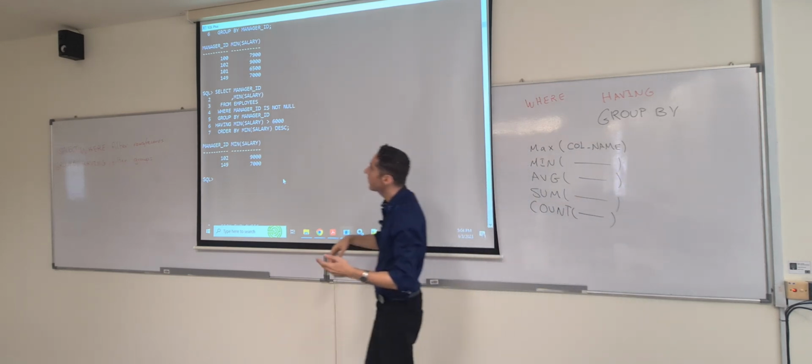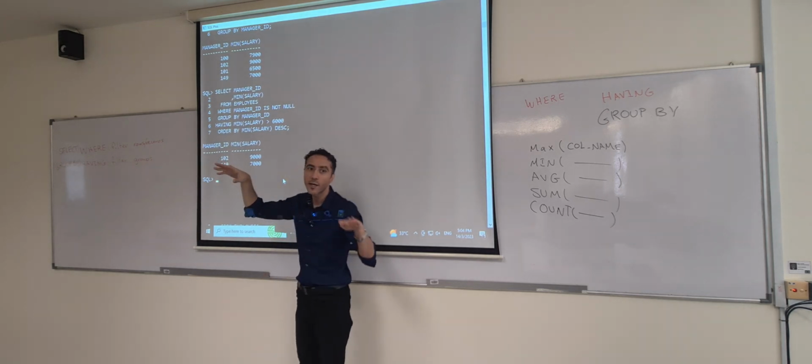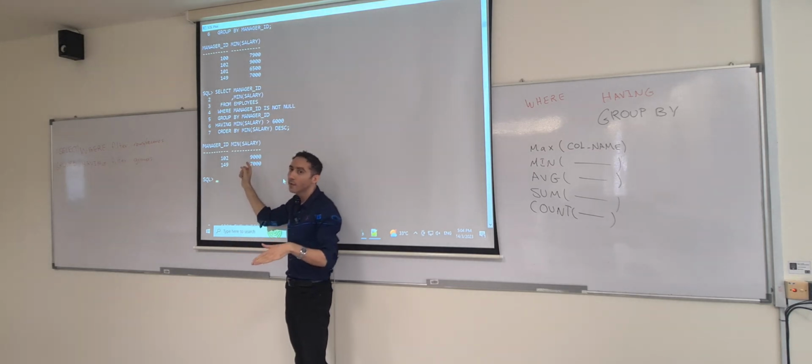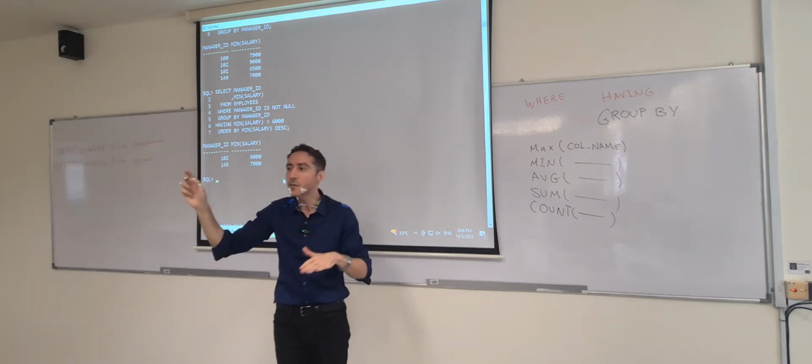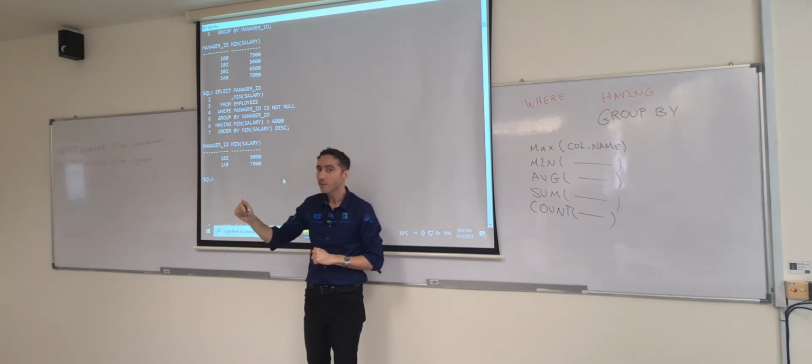So now it makes sense. For a group whose manager is 102, the minimum salary for that group is 9K. There's no employee inside that group who earns less than 9K. Right? Correct?